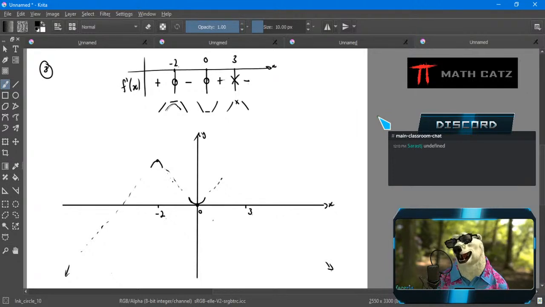What is happening with the graph at x equal to 3? These are things you have to know. I wouldn't be asking them if they're not important. Any ideas? How can I have a point on a graph, yet no derivative?